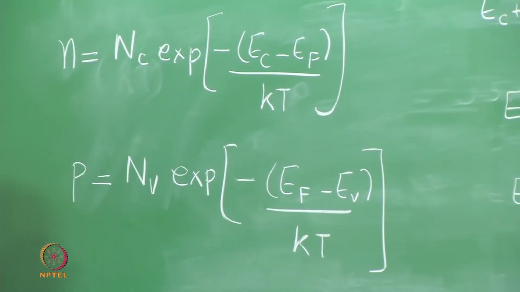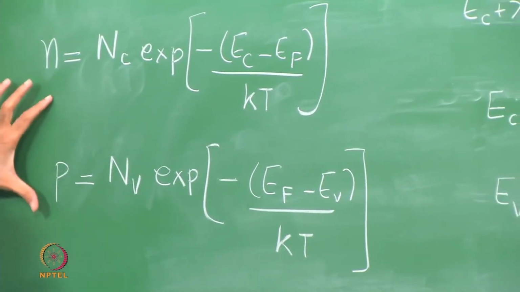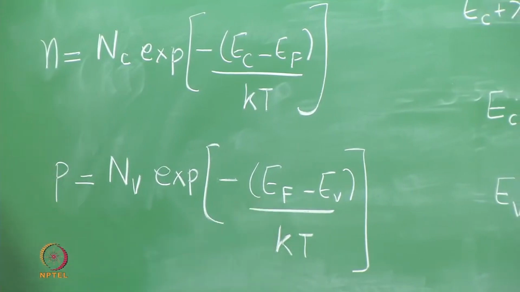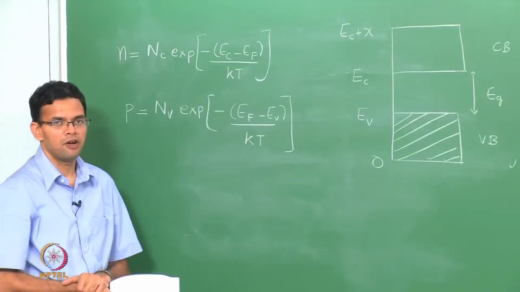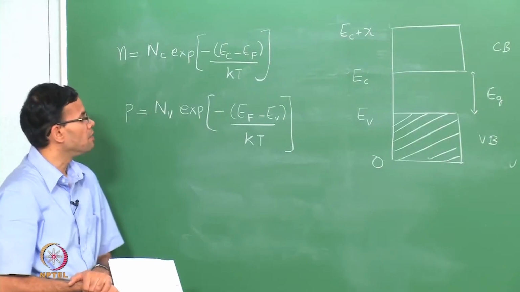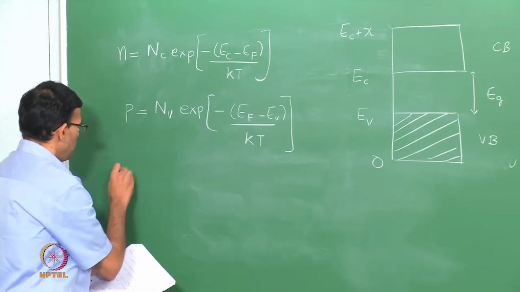So, in the last class we went ahead and multiplied these two terms in order to eliminate EF. To calculate the value of EF, that is where the Fermi energy is located in the semiconductor, let us just equate N and P.